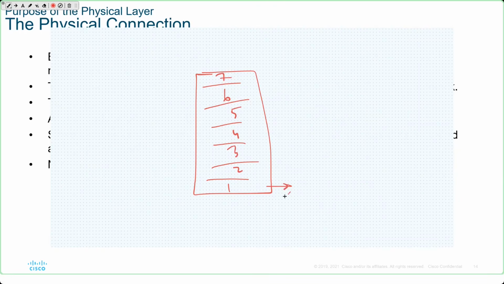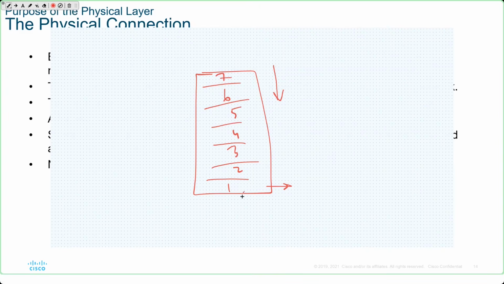So this is the bottom to top approach. Some people also teach it from top to bottom. So they start with layer 7, explaining what layer 7 is, and then move down to layers 6, 5, 4, 3, 2, 1, reaching the physical layer. But most of the books and Netacad as well start explaining it from the bottom.